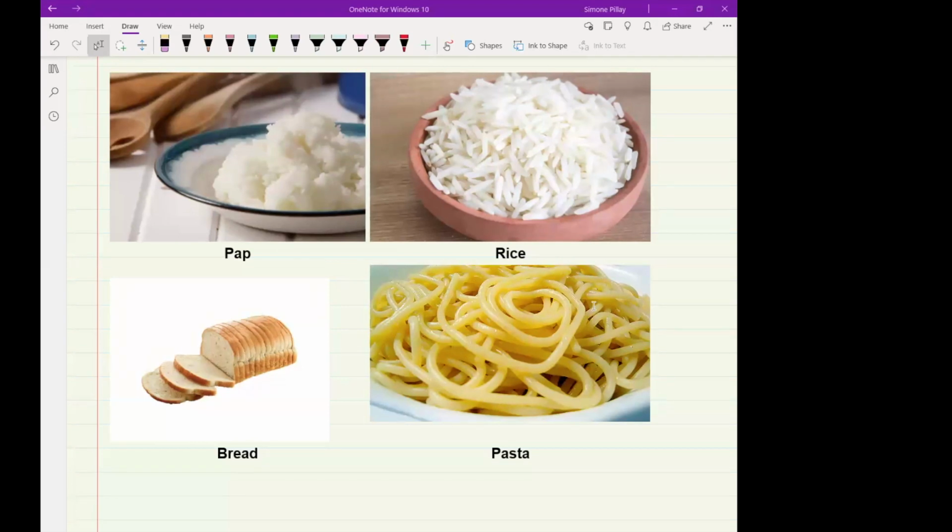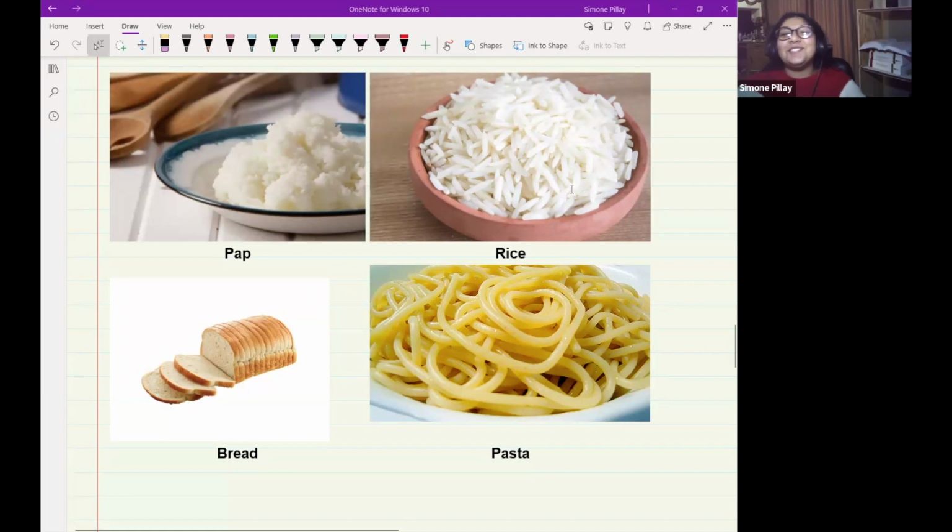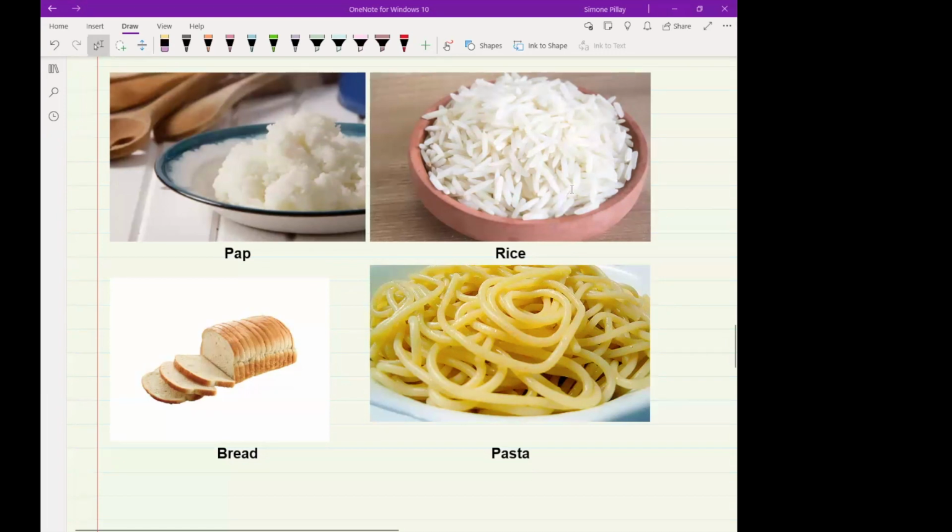Because I'm not getting rid of my sushi and I'm not getting rid of any curry or saucy food that I eat. Then I would get rid of bread and pap. Two, you're getting rid of two. Yes, because I can live with noodles and rice. Because I eat bread too much and then I don't eat pap, so.